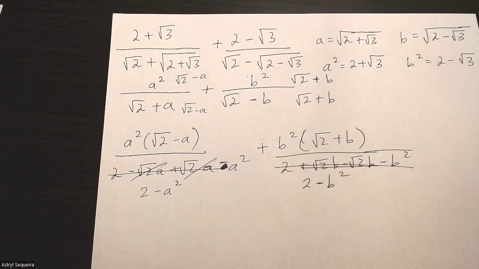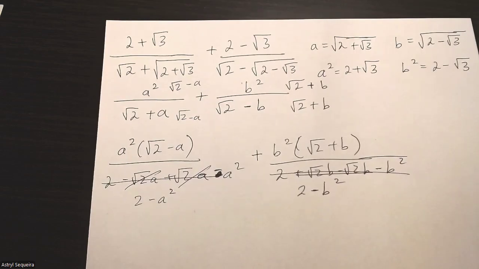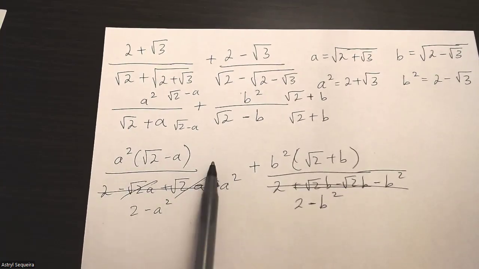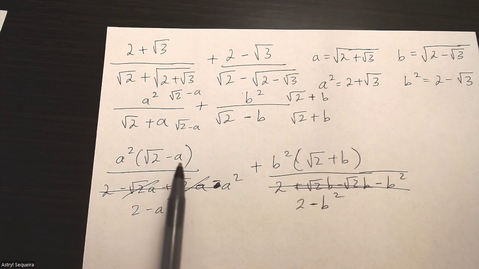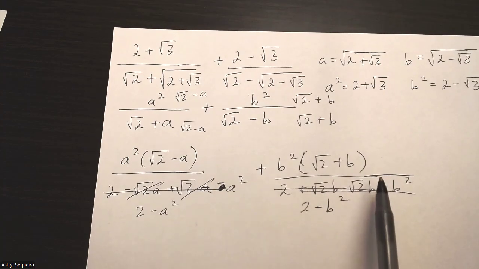Now that we've rationalized this, we can simplify this a bit further. So let's think about how to simplify all of this. I'm going to just start with the numerator. I am just going to expand that out and that out.